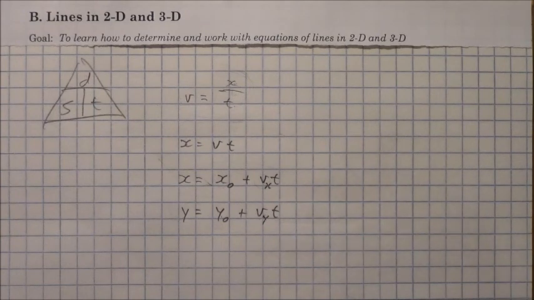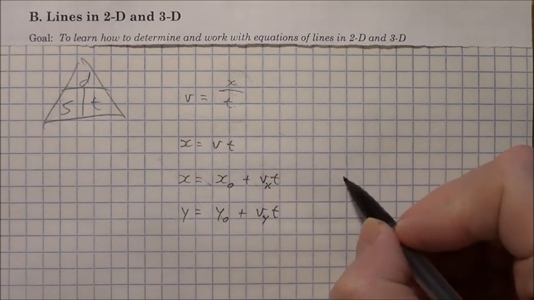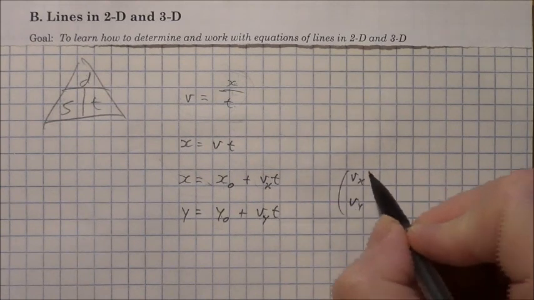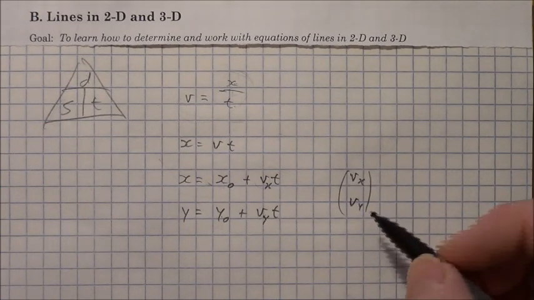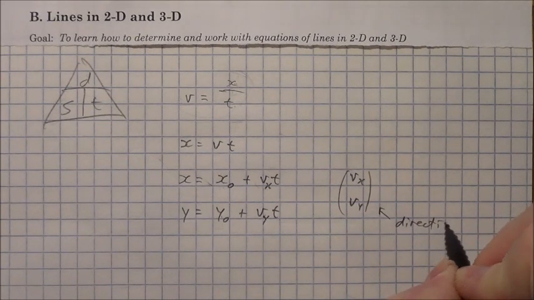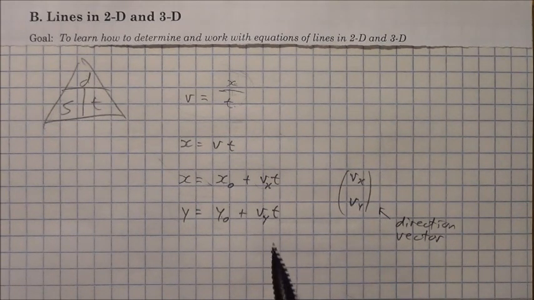So the velocity is in the direction of motion, therefore it's going to be vx, vy. It's going to be a vector, v sub x and v sub y. That is called the direction vector for this line.